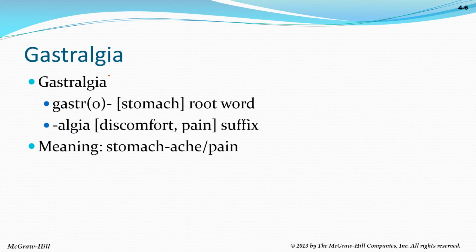Here's one of the, so here they just slapped on an A. So the word root is actually algia, which is pain. The suffix is, they just put an A at the end. So this is pain in the stomach, or a condition of stomach pain.